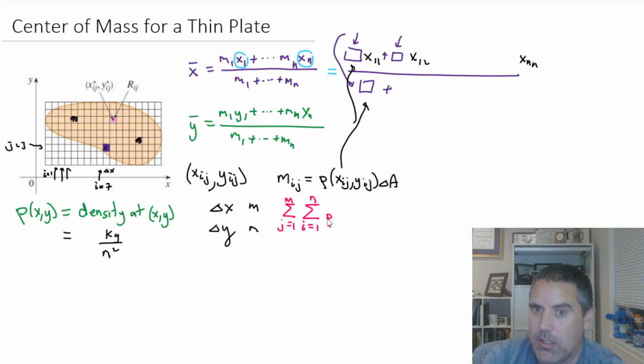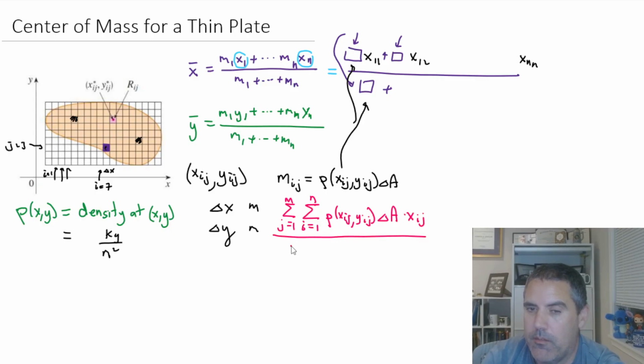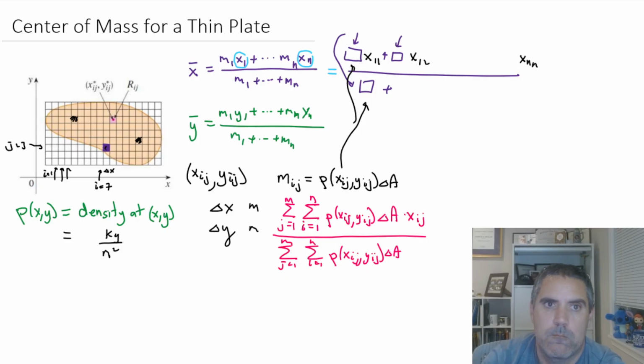The mass is going to be the density times the area of the base times the x value. And then when we're done, we're going to divide by this double sum of the density times the area of the base. A lot of notation, a lot of stuff all coming together.